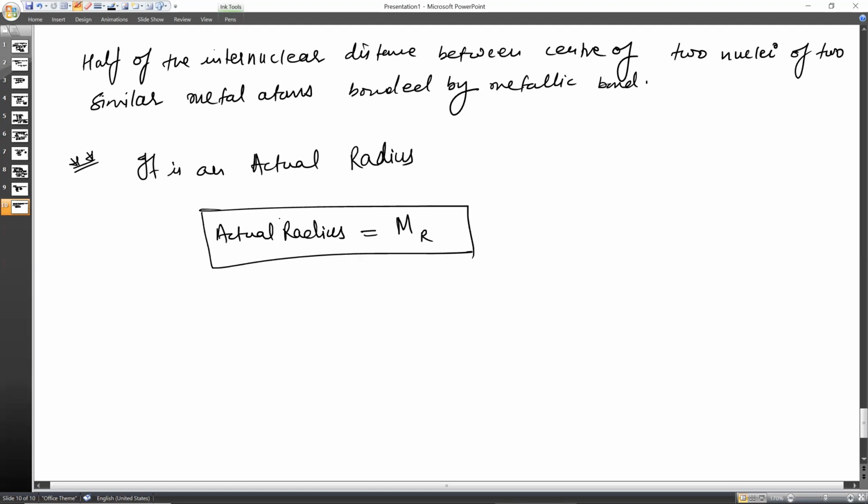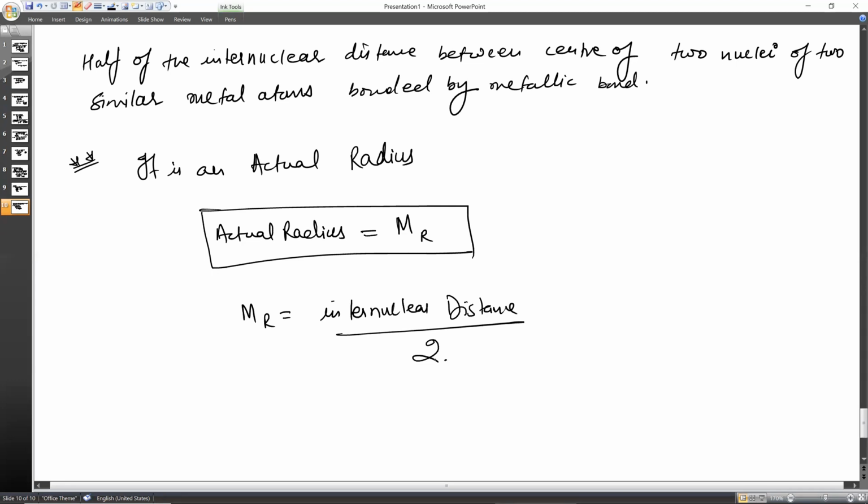And in the previous one, the actual radius was greater than the covalent radius, but here the actual radius is equal to the metallic radius. So please note it down. Done? Yes. So we can say that metallic radius is equal to the internuclear distance divided by 2.